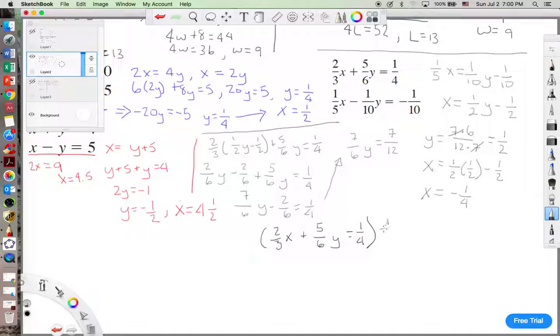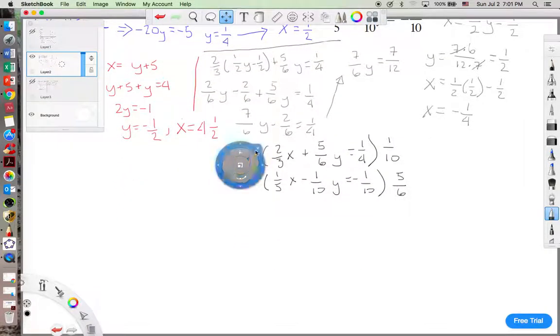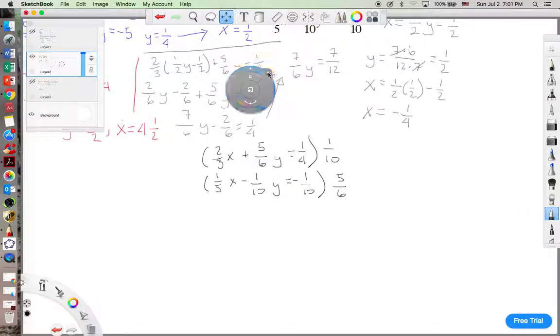We're going to multiply this whole thing by 1/10, and then we've got 1/5 x minus 1/10 y equals negative 1/10. Multiply this whole thing by 5/6, and we are going to need some more room. Okay, so what we're trying to do is get the y coefficients the same, so we can just add them together, and what we come up with is something like this here.